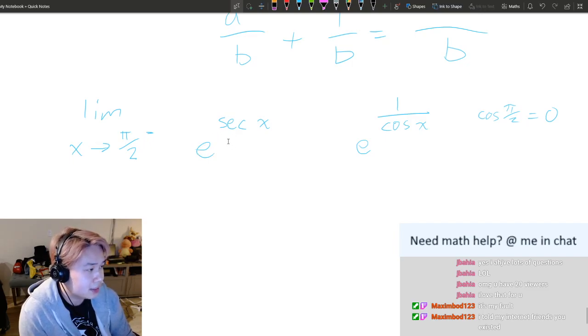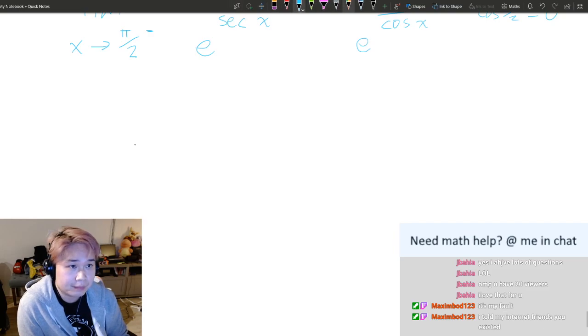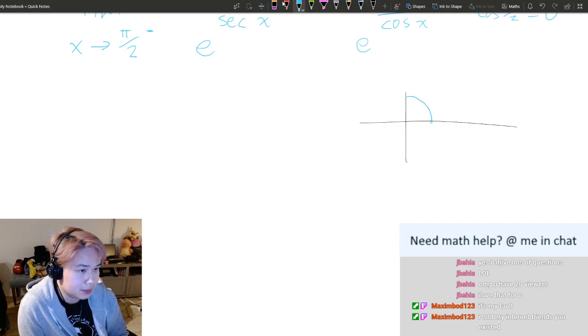So we're just gonna do some analysis. If I'm approaching pi over 2 from the left side for cosine, it might help for you to envision the graph. So here's where pi over 2 is.